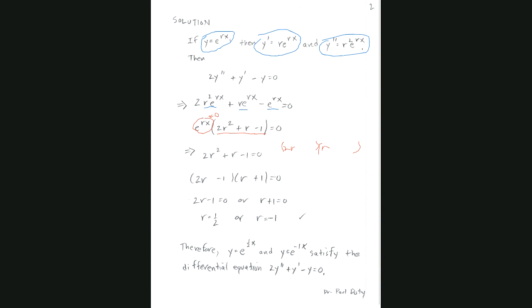So remember, the form of the solution was y equals e to the rx power. So for r equals 1/2, y equals e to the 1/2 x power is a solution.